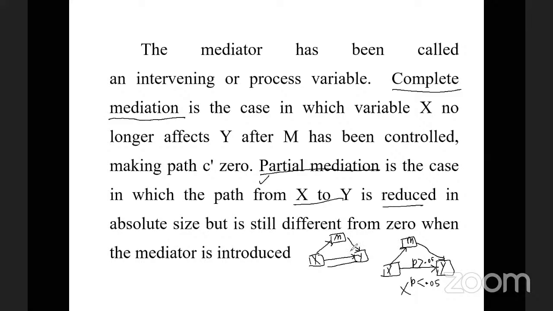If before mediation the regression coefficient value was high, then after mediation its value may be reduced, but it is still different from zero. Still different from zero means it is still significant, less than 0.05. Then this is known as partial mediation.